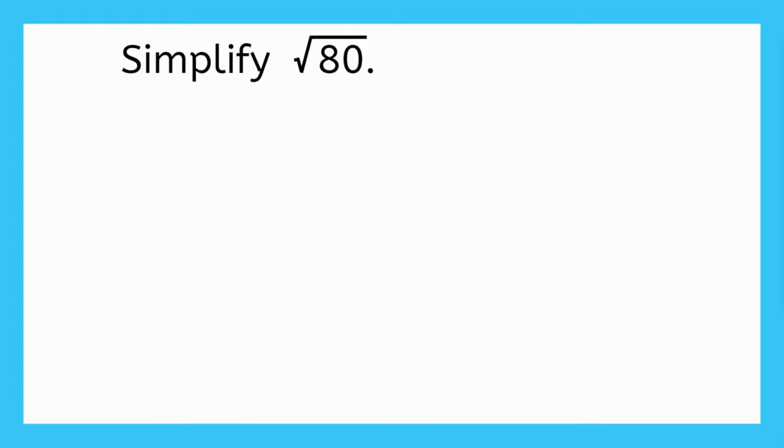Does 80 have any factors that are perfect squares? Yeah, 4. We can rewrite this as the square root of 4 times the square root of 20. The square root of 4 is 2, making our new expression 2 times the square root of 20. But this radical isn't fully simplified yet. Can you identify why?